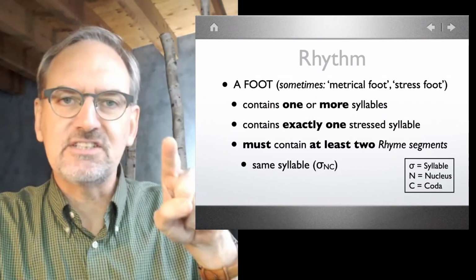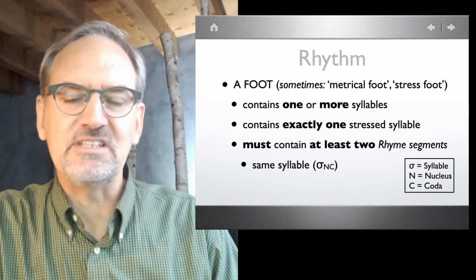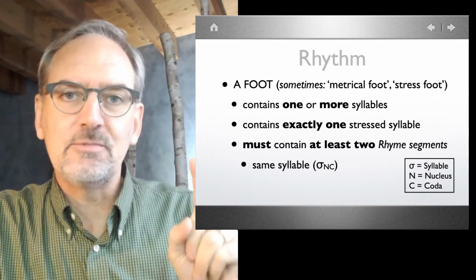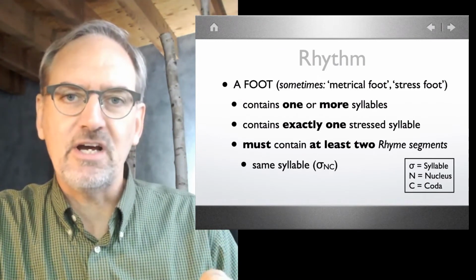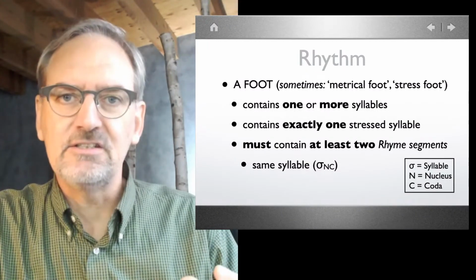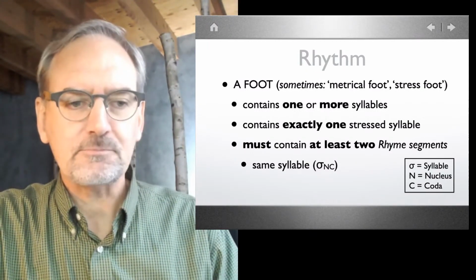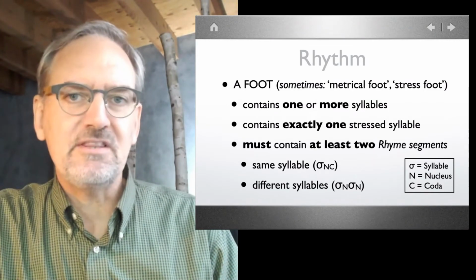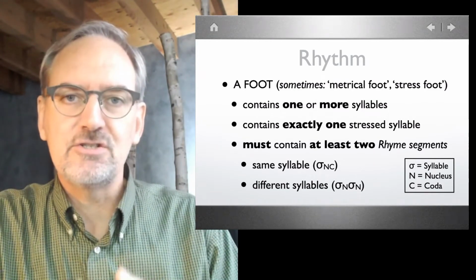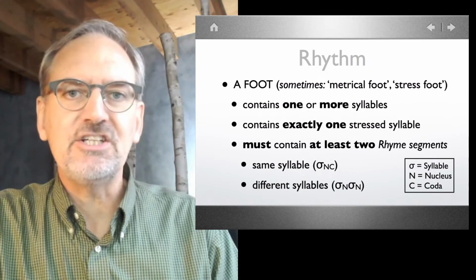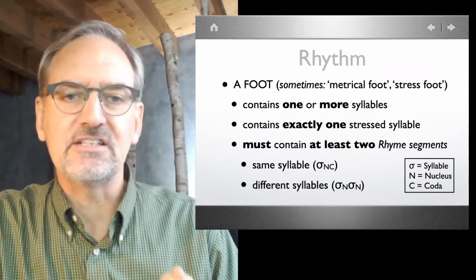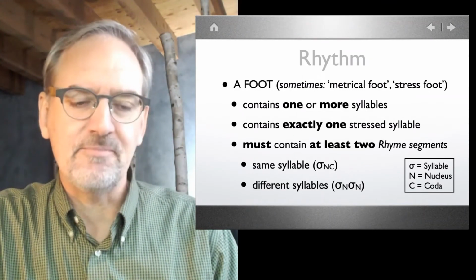And remember, we use this Greek letter sigma to mean syllable. So a syllable that has a nucleus and a coda would be a single syllable with two segments in the rhyme. Right? Or you could meet this requirement by having two separate syllables, each with one segment in its nucleus, in the rhyme.